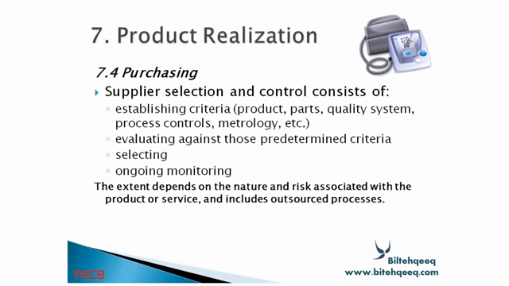The extent depends on the nature and the risk associated with the product or services and includes outsourced processes. So you have to evaluate the supplier and check them, and it should be an ongoing monitoring activity, and it depends upon the product or services and how you are outsourcing it.